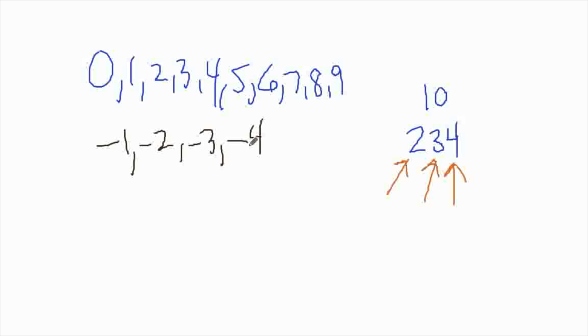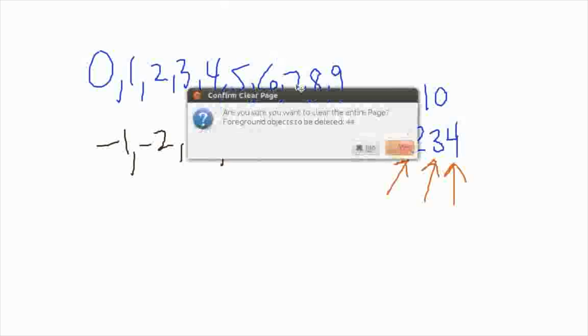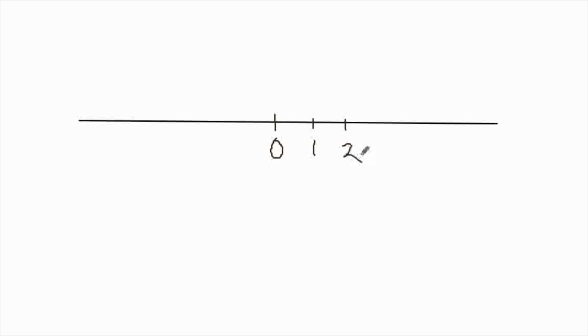In order to understand negative numbers really well, and absolute values and distance, I'm going to introduce something hopefully you've seen before called a number line. Imagine that I took all the natural numbers and I wrote them one after the other, equally spaced on a line.